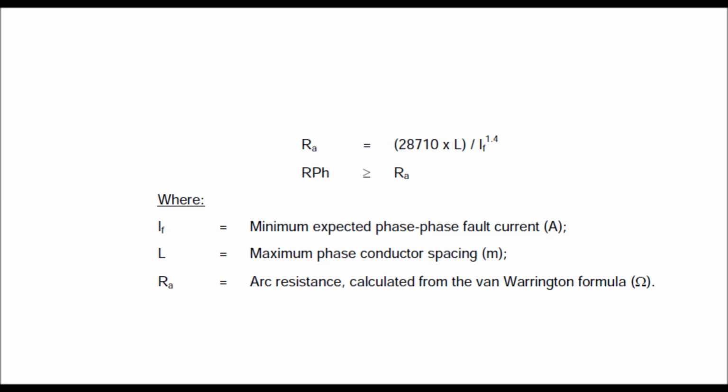The value of the arc resistance is given by the Van Warrington formula: RA is equal to 28710 into L divided by IF to the power 1.4, where L is the maximum spacing between the phase conductors in meter, IF is the maximum expected phase-to-phase fault current in ampere, and RA is the calculated arc resistance.